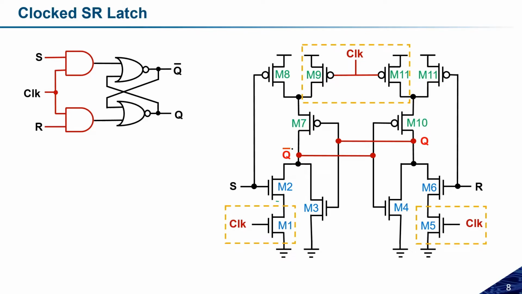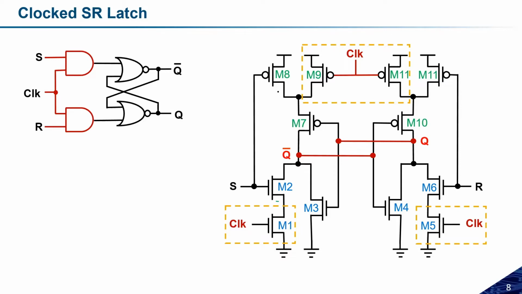Another kind of logic could be a NAND gate based SR latch. So this is also possible. You need to make some necessary changes like series and parallel combinations, and you can design the circuit for the NAND gate based SR latch.